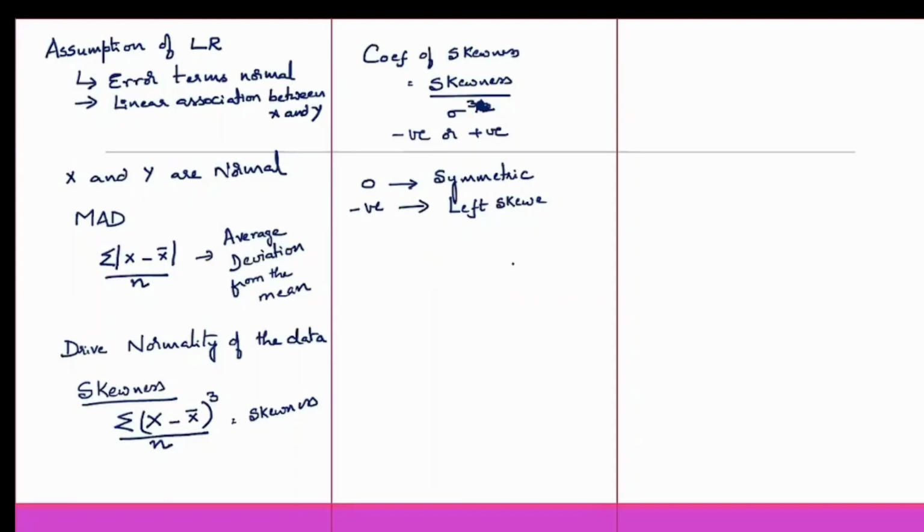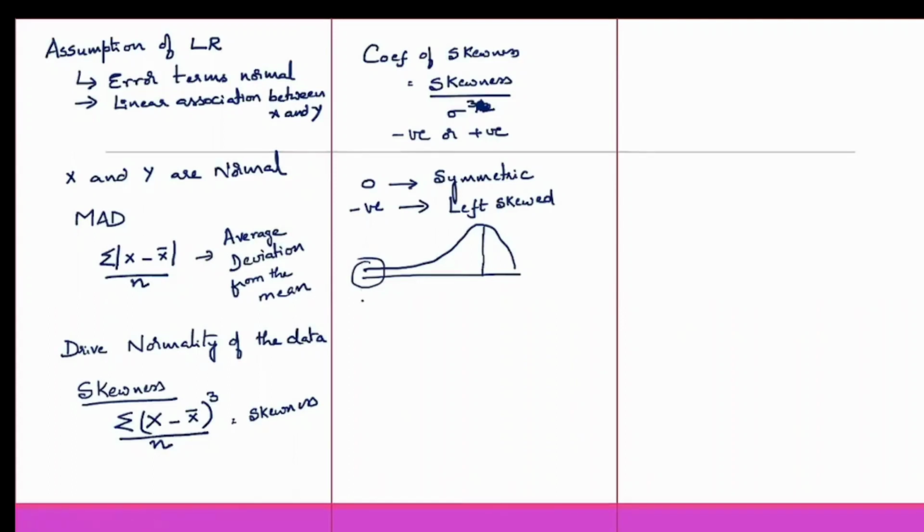Left skewed means when you plot a histogram, you will get something like this. The majority of the values, your peak, will lie towards this side, but you will have a few values on the extreme left side.